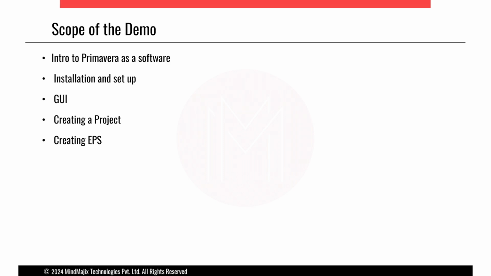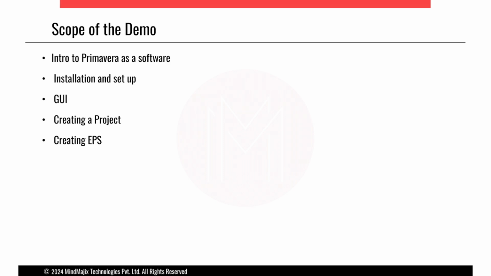We'll be working with Primavera P6 Professional. I'll just click and launch it. You can see that you will find the Primavera Professional software here. Click on that, and it will launch the software.